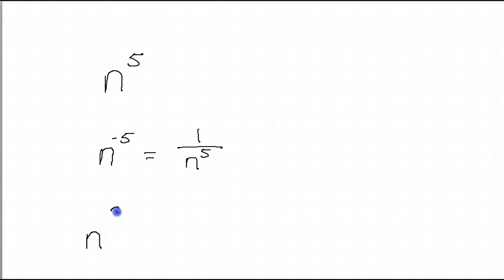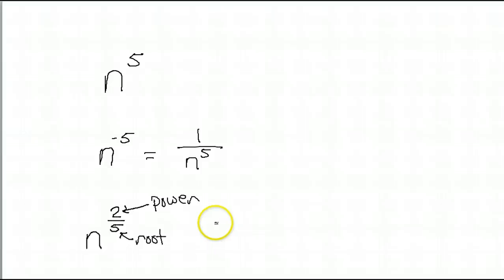So for example, we might have something like n to the 2/5 power. And the key to this is that when you look at a fractional exponent, you are looking at two things. You're looking at a power and a root. So that's the key, power over root, power over root.